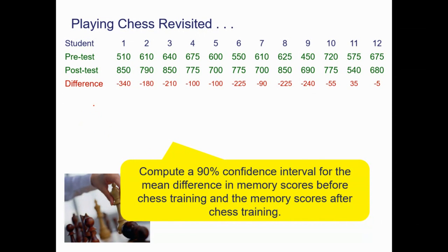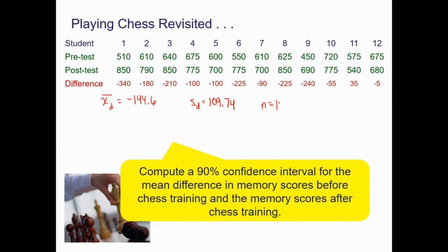So to remind us of our sample statistics, X D bar we said was negative 144.6. SD was 109.74.